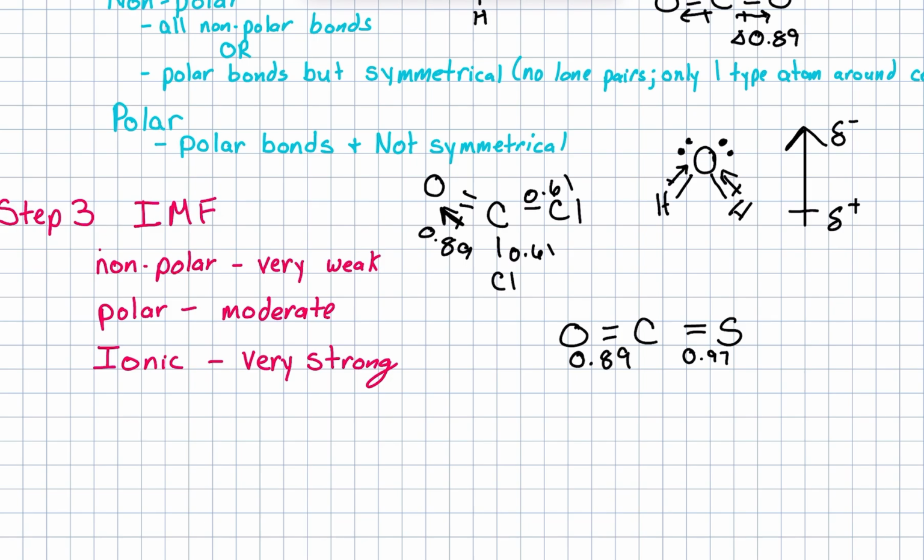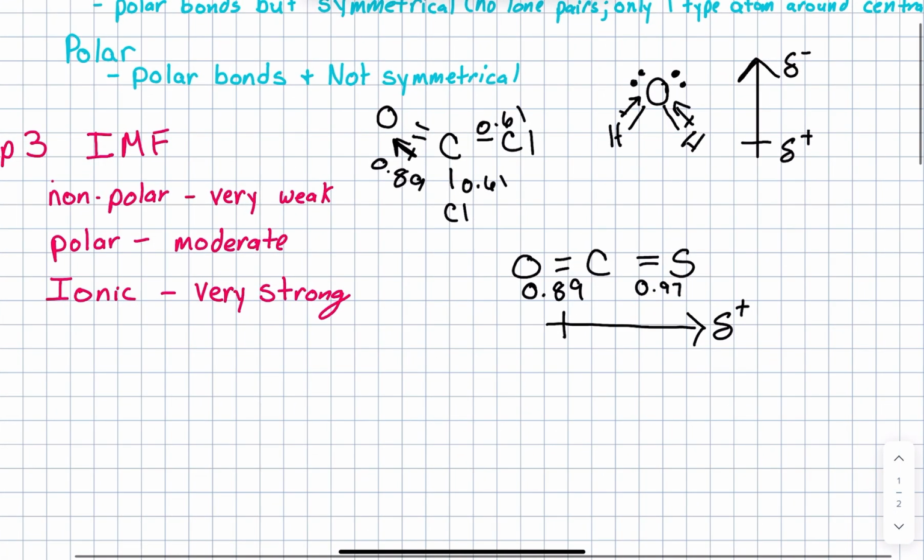Now they're close, but one vector is larger than the other, and so they're not going to completely cancel out. It will have an overall directional molecular polarity towards the sulfur. Oops, that should be a minus. So hopefully that helps that to make more sense.